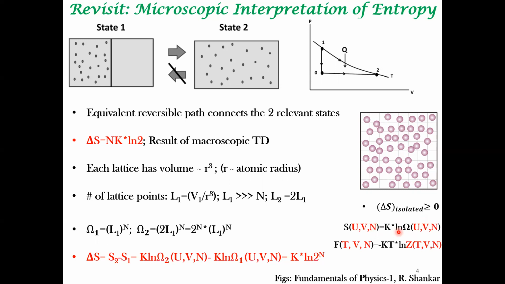Okay, so supposing this is an isolated system, you can control U, V, N. There is no exchange of work or heat between this system and the surrounding. There's no exchange of mass and so on. So if you create a system that's not at equilibrium, the system will decay towards entropy maximum.